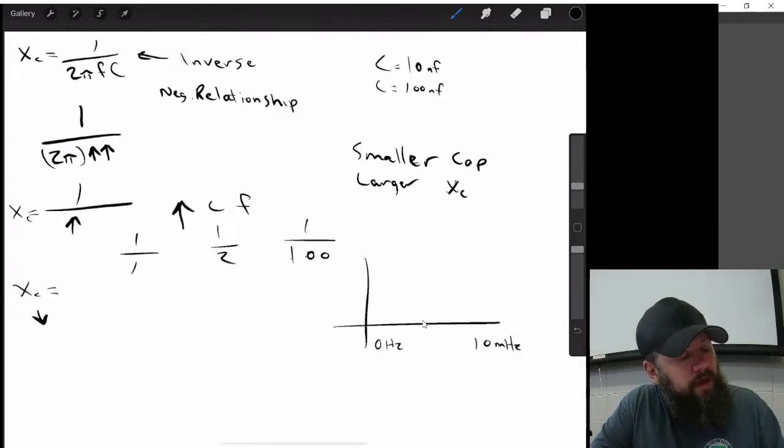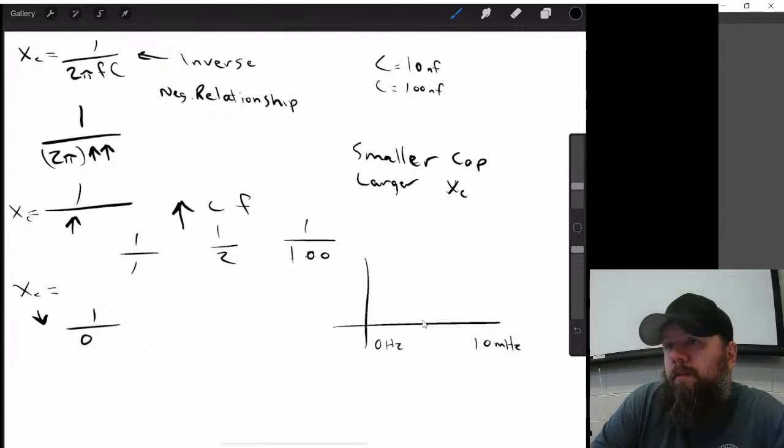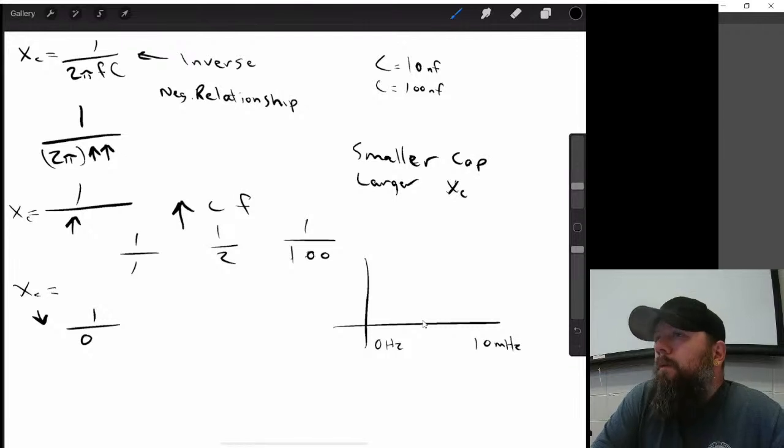So if we've got 0 hertz, that makes it 0 in the denominator, regardless of what anything else is, right? What is 1 divided by 0? It's undefined.